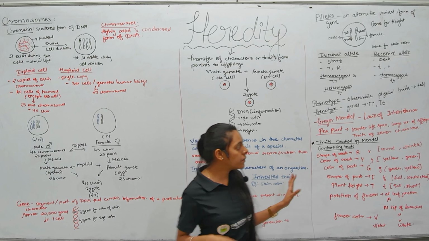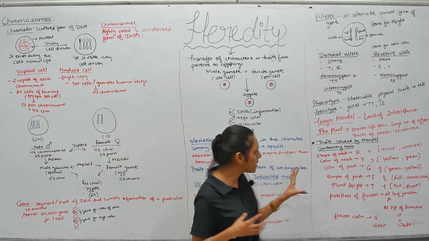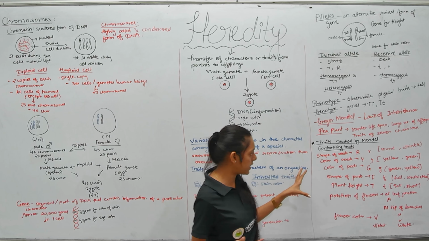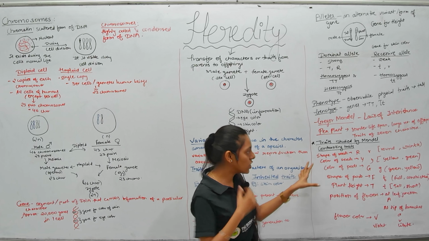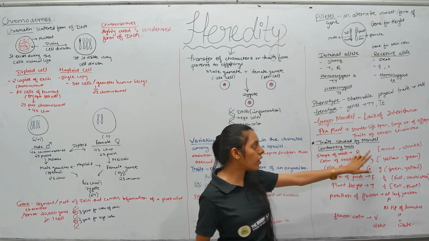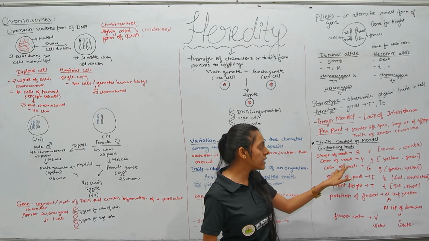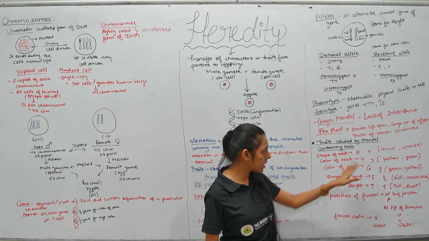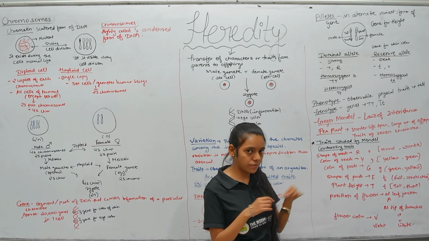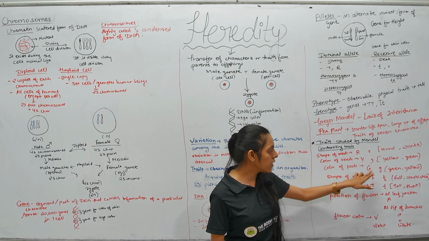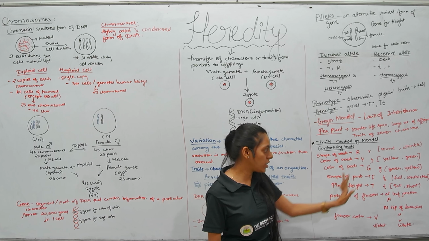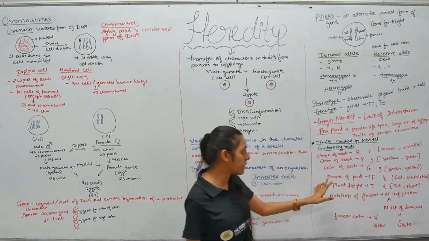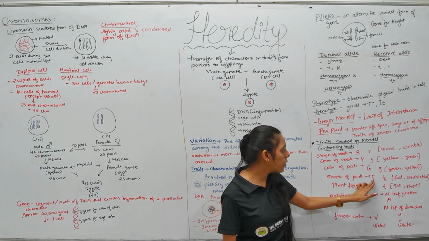Now, which were the contrasting traits he studied? So, the first trait is the shape of the seeds, round or wrinkled. Then the color of the seeds, yellow or green. Then the color of the pods, green or yellow, capital G and small g, dominant and recessive. The shape of the pods, full or constricted.